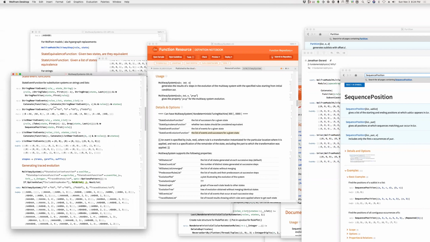Well, from the evolution function, it's just the right-hand side of the rule unioned with the rest. Sorry, given the event function. So you're saying we can just give the event function. I think it's trivial with, it's just part specifications, right? No, but the event function is giving something like this. Yes, so it's the right-hand side of the rule unioned with the rest, which is the second element of each list. And that's just it, isn't it?